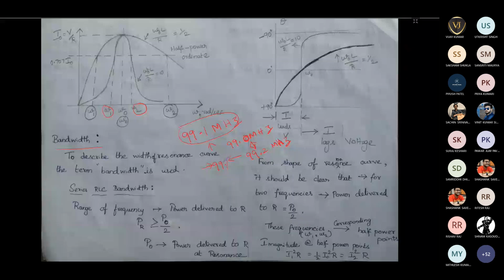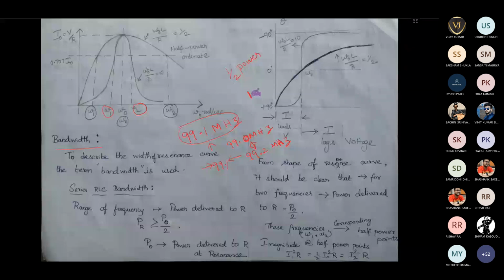Now how do we choose this bandwidth? For any signal, we have to decide the bandwidth, and for that we have to choose two things. One is half power. We said that at resonant condition we are getting the maximum current.